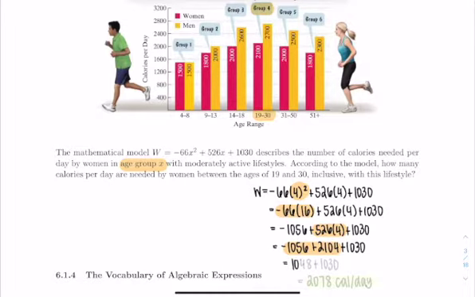This gives me 1048 plus 1030, and that ends up giving me a total of 2078, and this is the calories needed per day. So a woman from 19 to 30 who has a moderately active lifestyle needs to have 2078 calories per day.